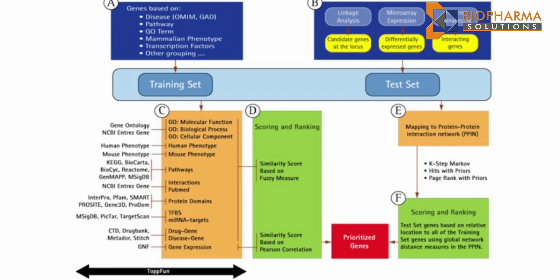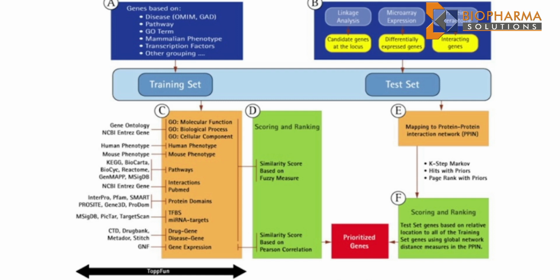At the same time, as far as the second part is concerned, we have seen here human phenotype, mouse phenotype. These are all different components which could be included for the learning process. Gene ontology could be used for the training process. Phenotypes could be included for the training process.